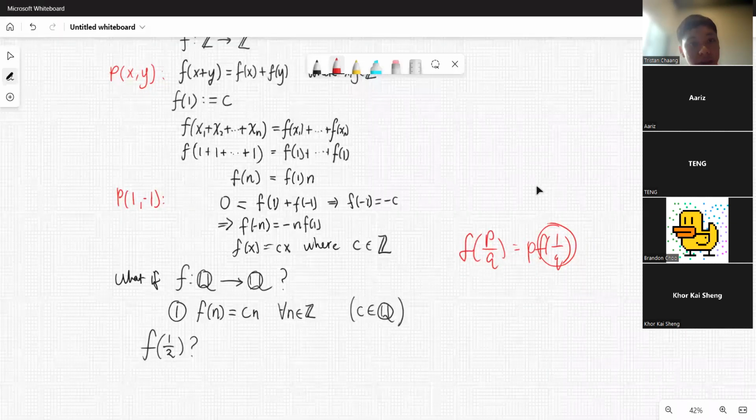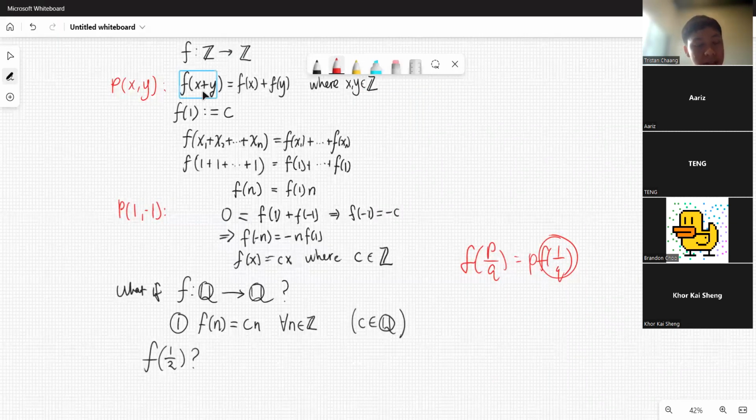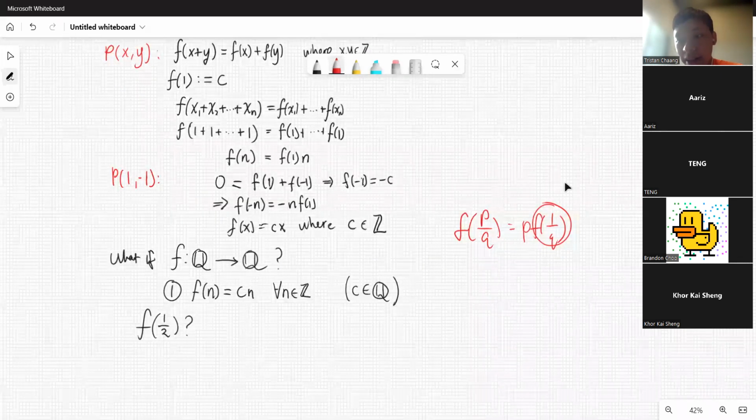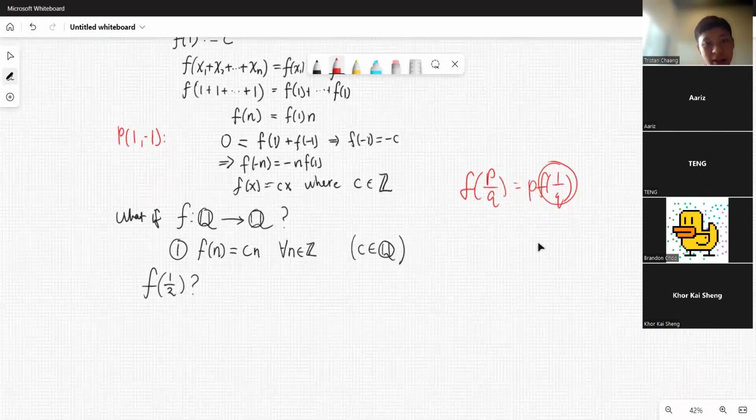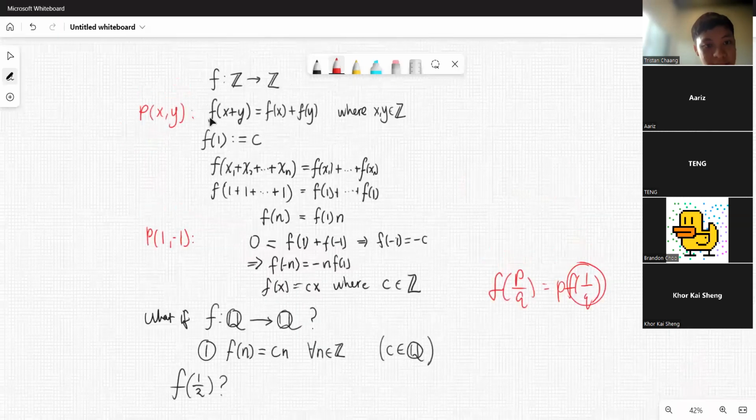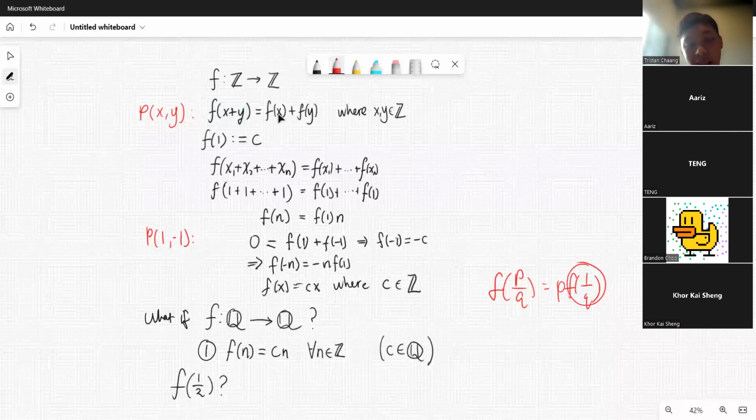f(0) plus f(1/2). Okay, but if we put, let's say, 0 as x and y as 1/2, we get the same thing on both sides, right? So we don't extract any information from that substitution. And yes, someone said, because we take this equation, notice how on the left hand side we have f(x plus y), and on the right hand side we have f(x) and f(y) separately.